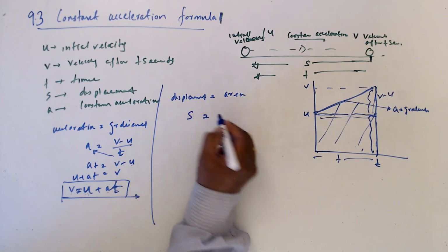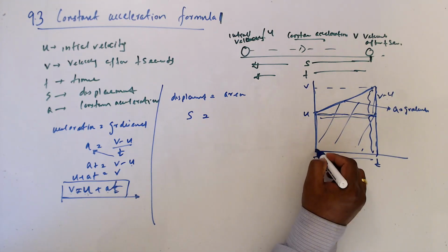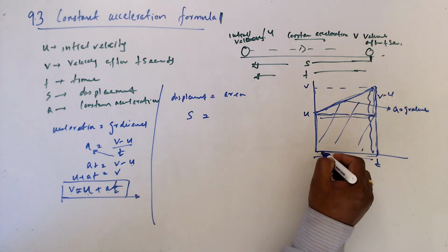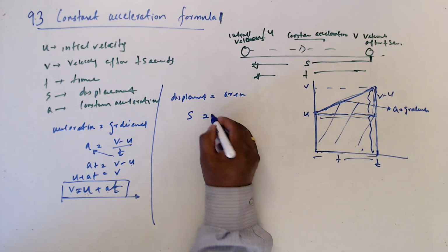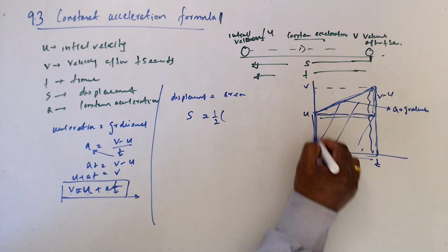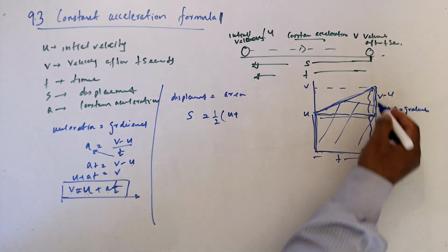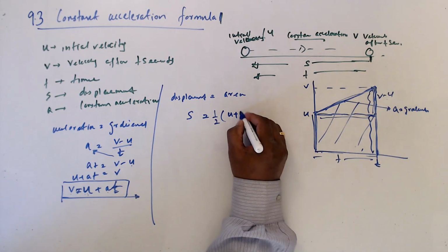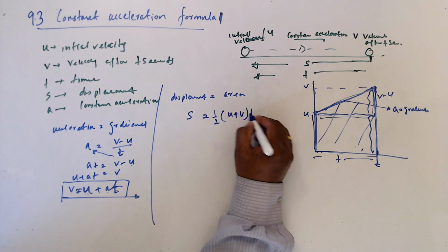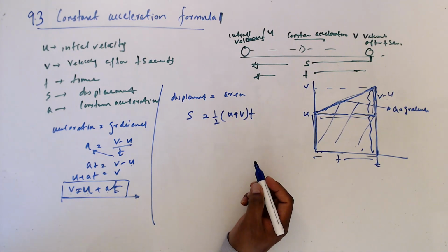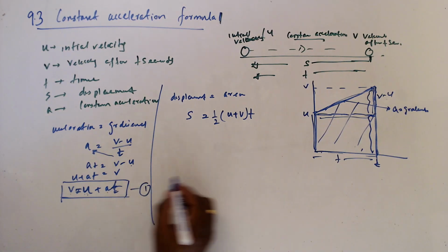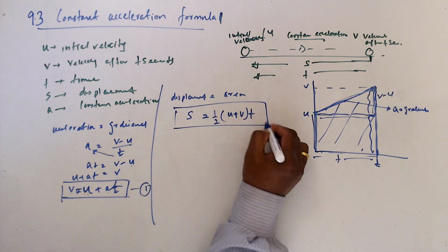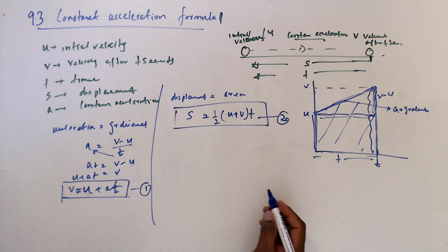So what is the area? This is a trapezium. So S is half times u plus v times t. This is the second formula we can use for the calculations.